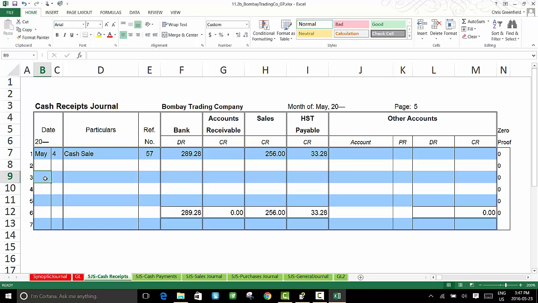Now, in terms of the posting, it works exactly the same. Your totals are listed here across the bottom. You find the account at the top, the ledger, and then make sure you have a debit. That total gets posted to the general ledger just the way we did before. And then you would come back and type in your account number.